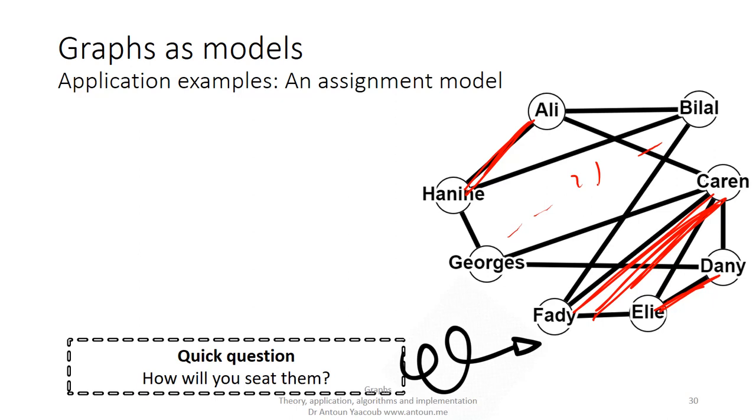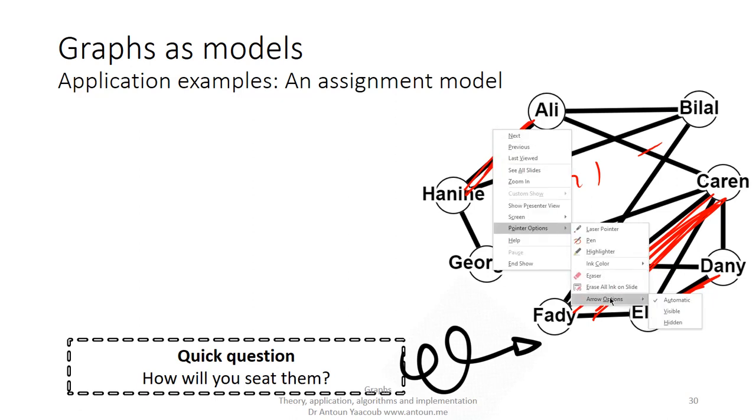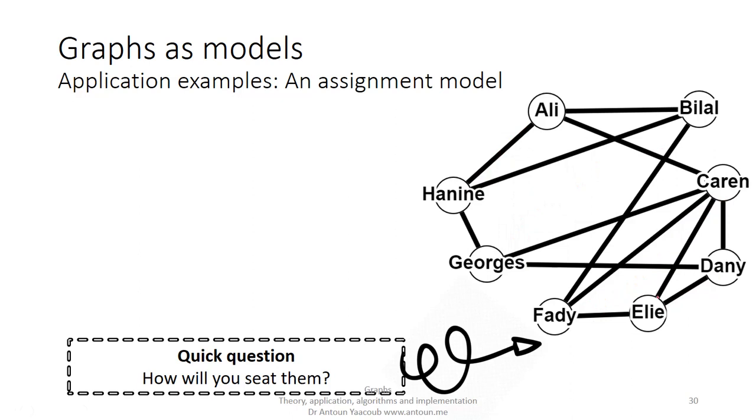This is not the maximum assignment because I could have distributed the students differently and sat Bilal with, for example, Fadi. If I had chosen a different matching, for example, George with Karen, Haneen with Ali, Bilal with Fadi, and Eli with Dani, it would have been more optimal because I have seated all these students with their friends.